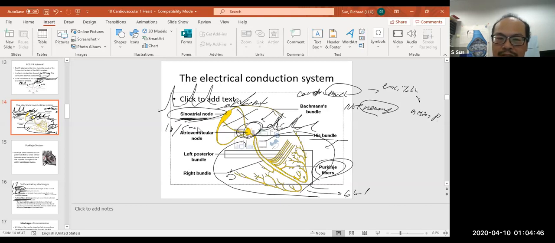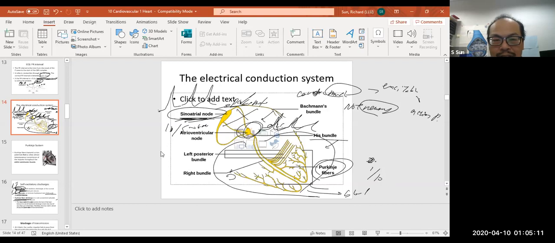So that would cause a heart rate of about 60 beats per minute. AV is about 40 pulses per minute. This one, the Purkinje fiber, is about 1 pulse per about 30 seconds. This one is 1 pulse per about 10 seconds.